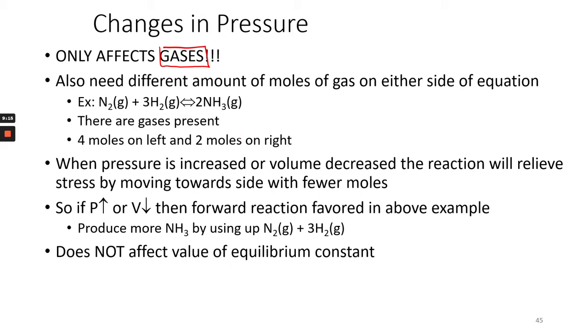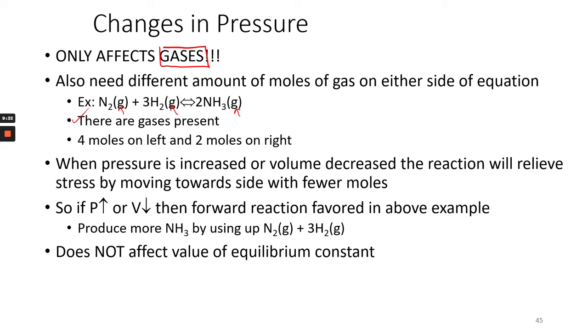So you write your reaction and then you check: do I have gases? Yes, I have gases present. You also need a different amount of moles of gas on either side of the equation. So the first check is, do I have gases? Yes. Do I have different amounts of moles?